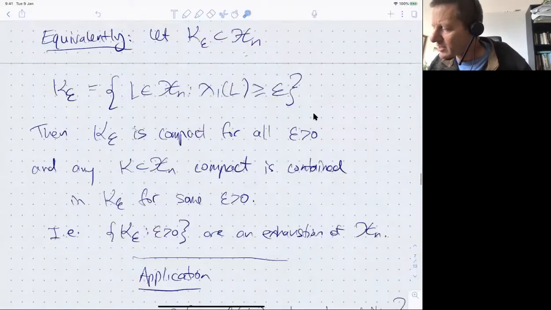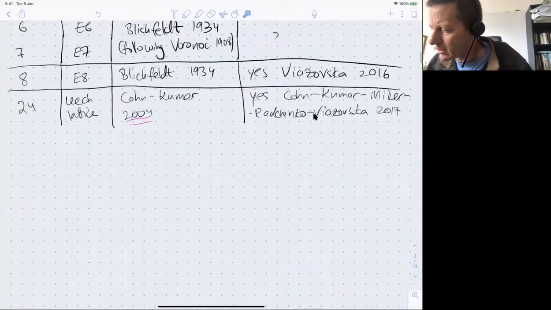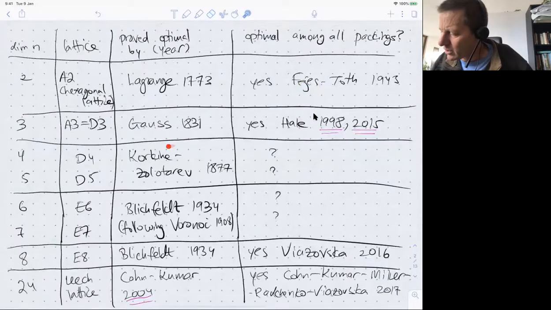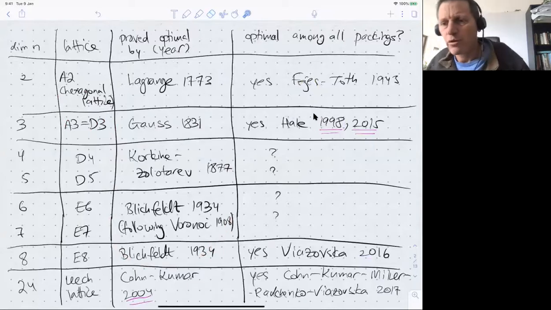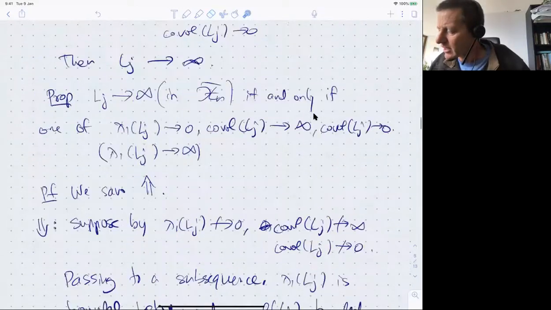What we're going to be discussing, I'm sorry for the flipping, is the technique that was used in these results. So the proof of optimality in dimensions 4 through 8, done in the 19th century, essentially, or early 20th, follows a certain pattern, and that's what we're going to discuss next.